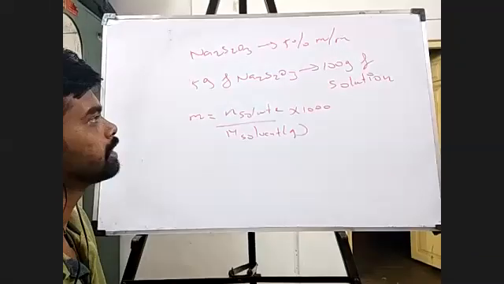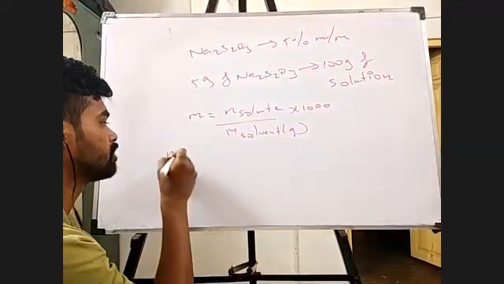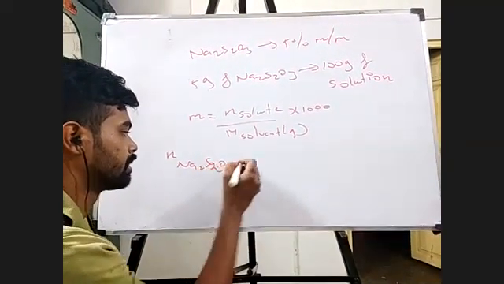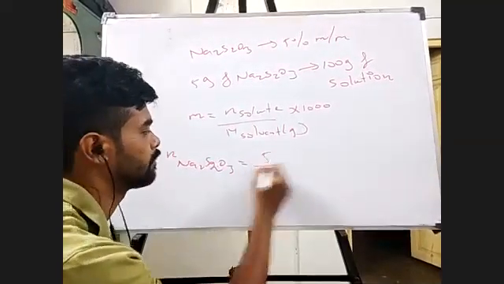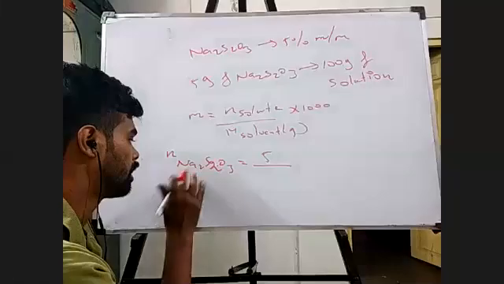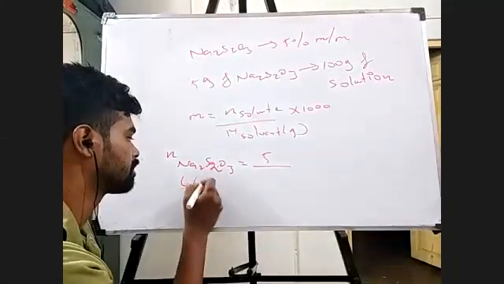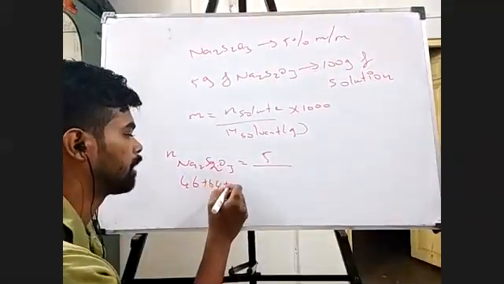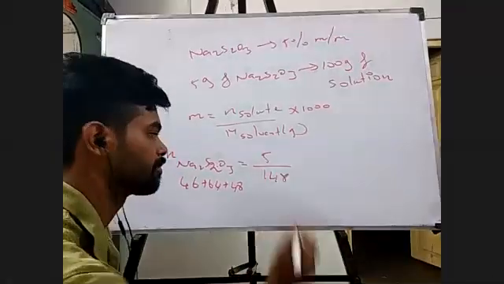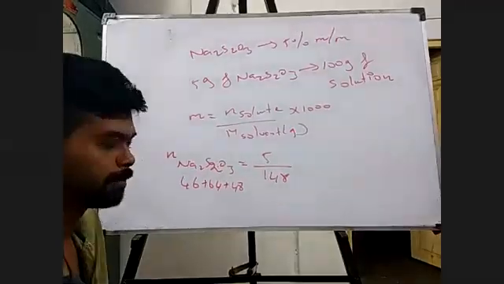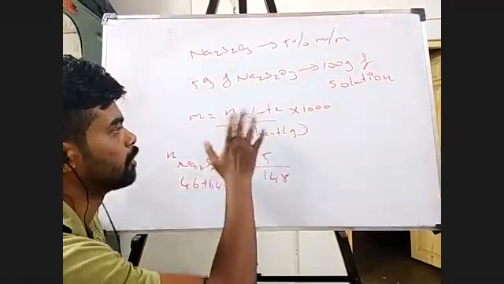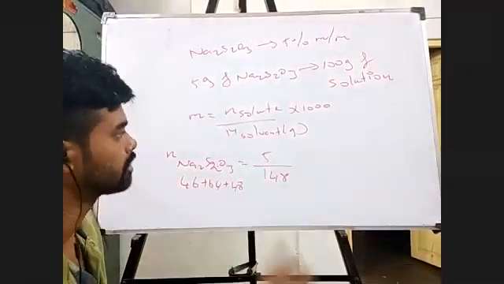It is Na2S2O3. So the number of moles of Na2S2O3 is equal to the given mass, 5, divided by the molecular mass. Now, how do we get the molecular mass? 23 into 2, 46, plus 64 plus 48. So it will be 148. 5 divided by 148 is the number of moles of solute.